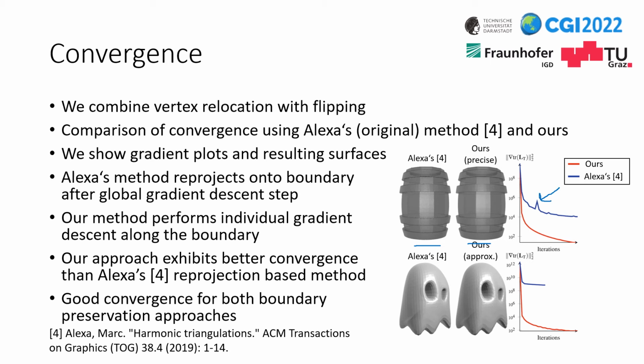Our method also achieves good approximate preservation of the ghost mesh. The original method does not do much and terminates prematurely, as we can see in the figures. Our approximate method also exhibits good convergence, which is notable as we have achieved approximation of the input boundary without adding a geometric error term.